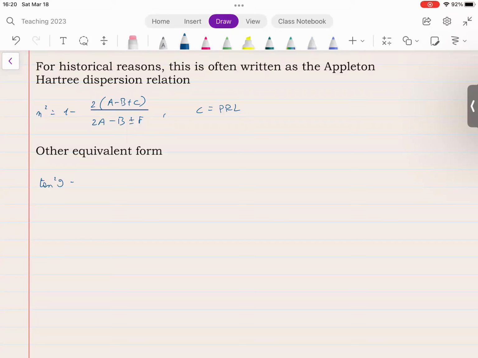Tangent squared of theta is going to be equal to minus P times (n squared minus R) times (n squared minus L) divided by (S times n squared minus RL) multiplying (n squared minus P).